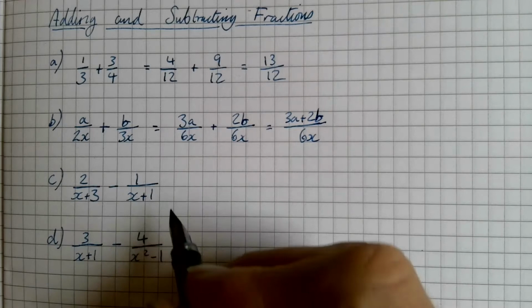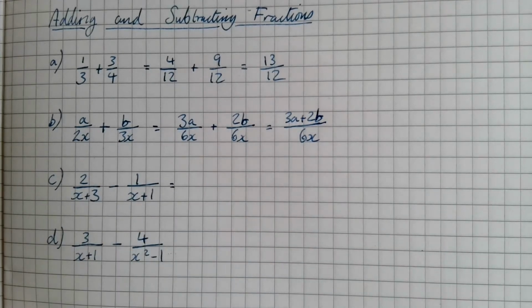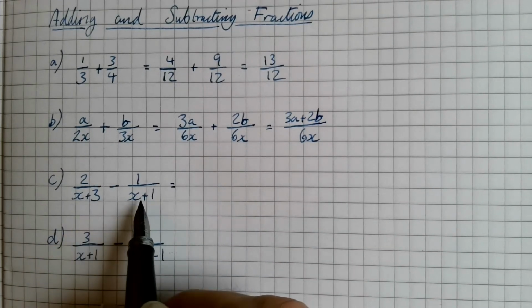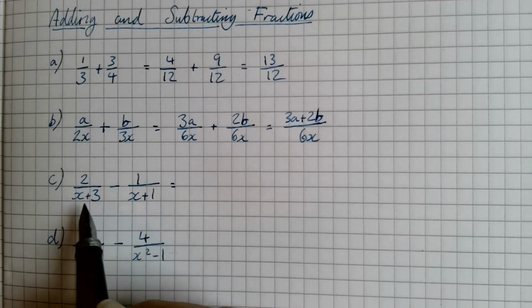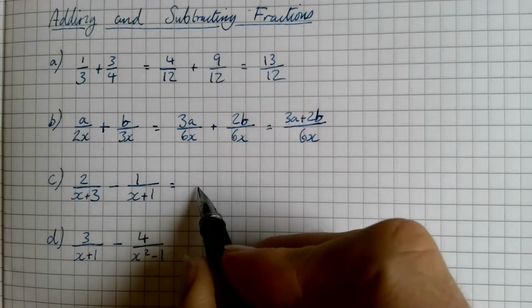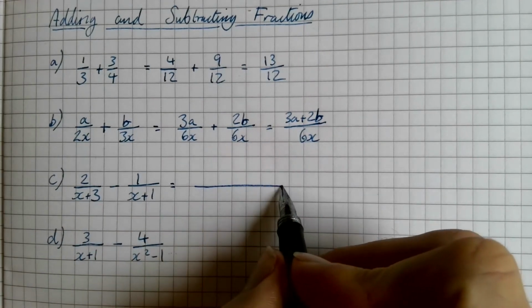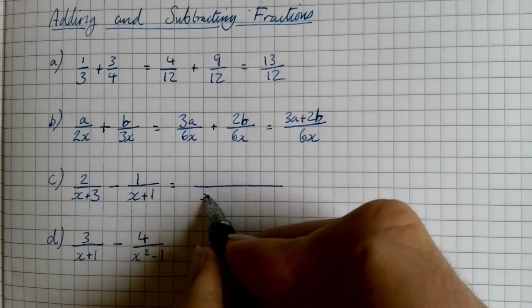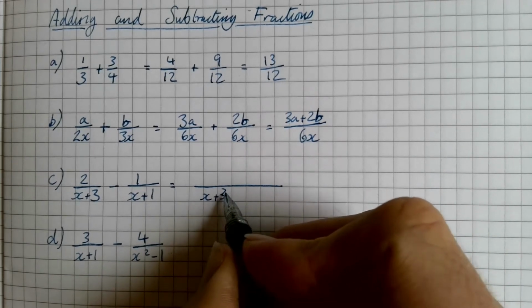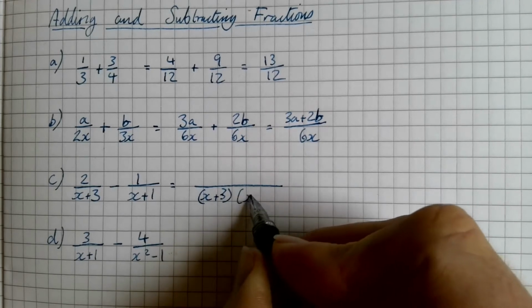Coming on to taking, same idea, but this time we've got a complex denominator in both cases, so we're going to need to multiply that by that. So I'm going to have x plus 3, x plus 1.